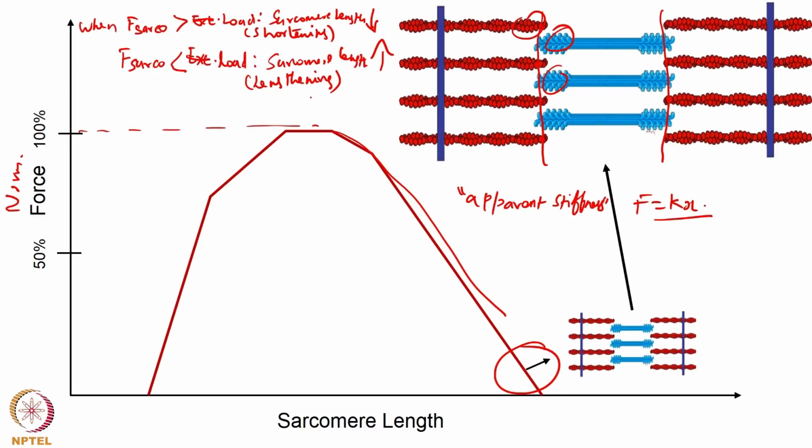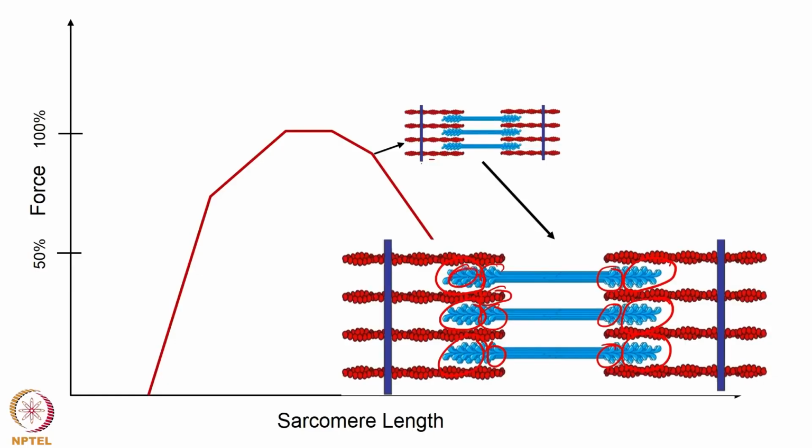So, let us remember what limits the velocity, right. The maximum rate of change of sarcomere length is limited by this biochemical process, by the interaction of myosin with actin, the speed at which cross bridges can form. So, there is attachment of myosin to the actin, and there is a pull, there is power stroke, and then there is detachment, and then there is recocking.